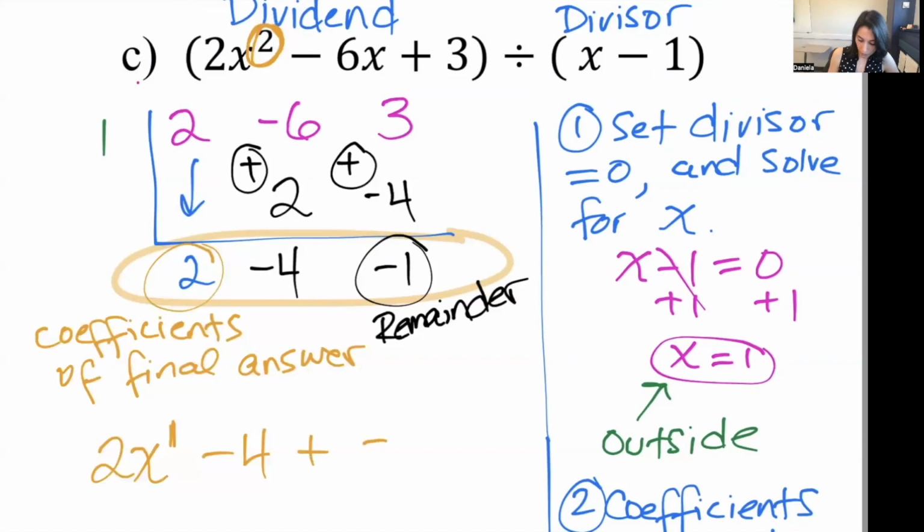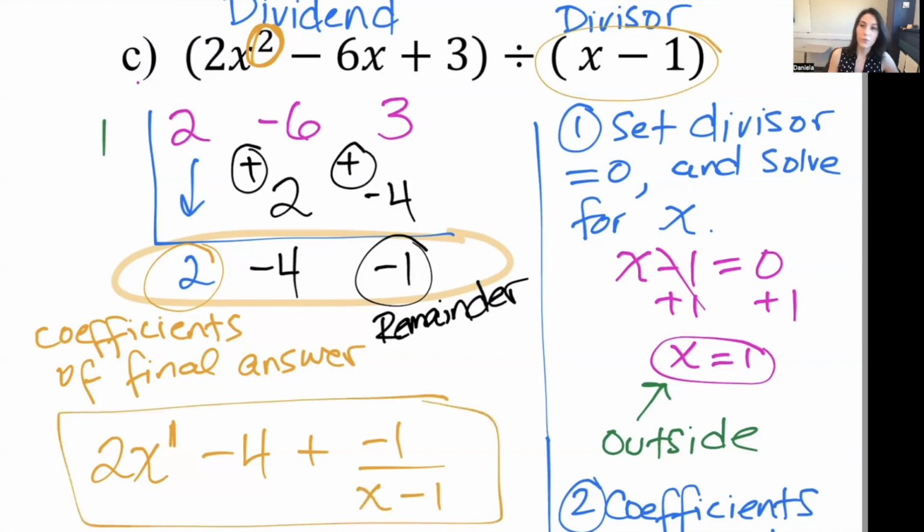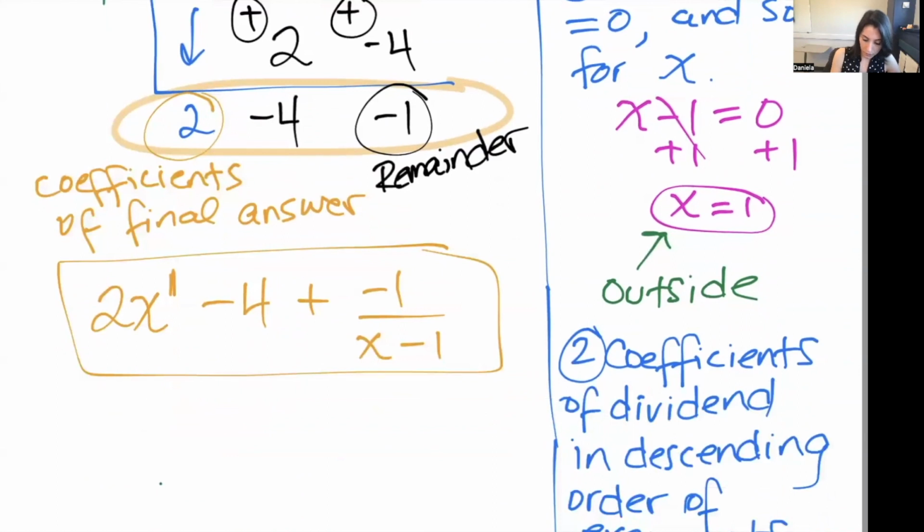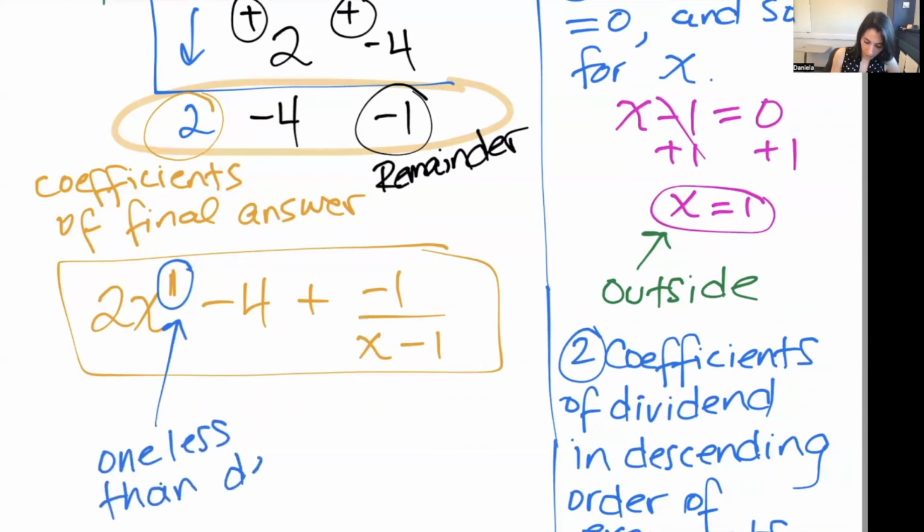So plus the remainder over, remember the divisor was x minus 1. So we do get the same answer. So I'll write down over here, I guess I'll just add a note. This is to the first power because this is 1 less than the degree, which is the highest exponent of the dividend, what you're dividing.